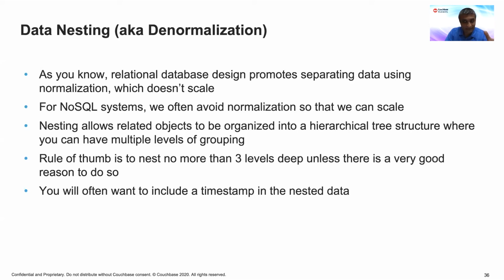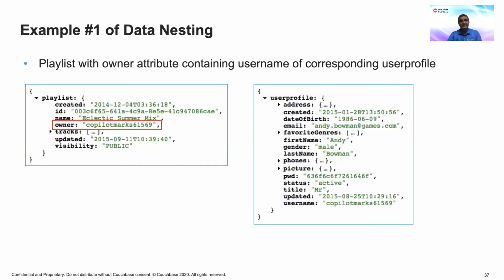I have really seen nesting go up to 7, 8, 9, 10 levels, which is not good at all, remember. Okay, and often you include a timestamp when you are using nested data. Let's take this example to demonstrate nesting. So this is a playlist document and this is a user profile document, right?